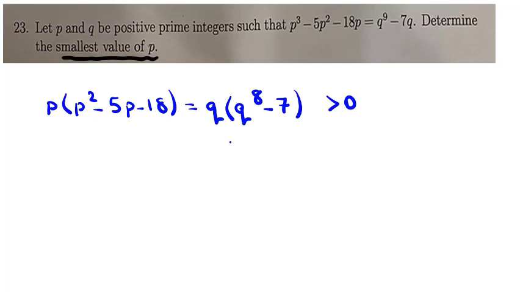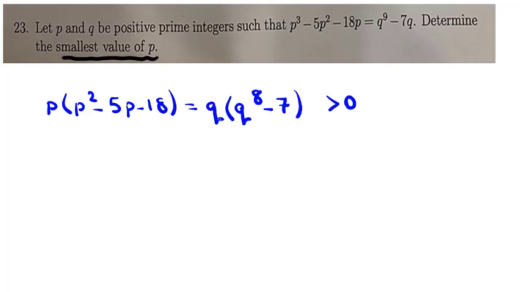The left side is increasing. So finding the minimum of P is equivalent to finding the minimum of Q, exactly like problem 21. For finding minimum X, we tried to find minimum Y, and X minus Y, for example, was greater than 5, as you can see in my solution for problem number 21.